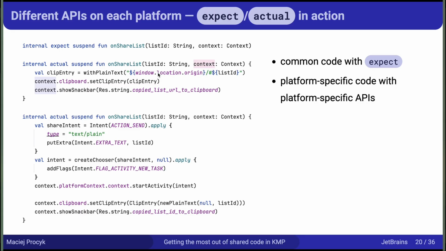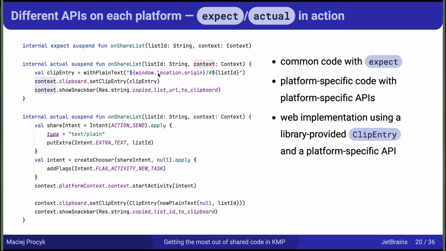So when the user is using this application on web, it's expected to go to the window location and use it as a base for the URL of the list, and then append the list ID after it.